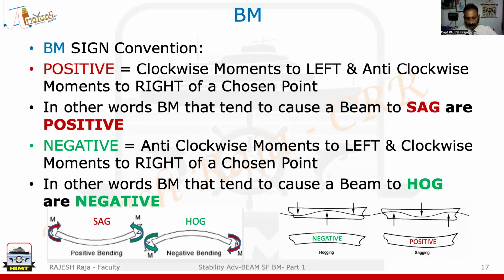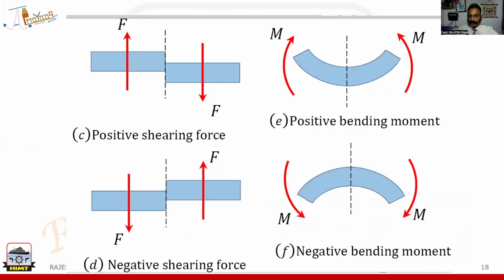For shear force, when something is in static equilibrium, the algebraic sum of all the forces will become zero. Similarly, for BM, when you sum all the clockwise and anti-clockwise moments, it will become zero. That means that the beam or vessel is in static equilibrium.